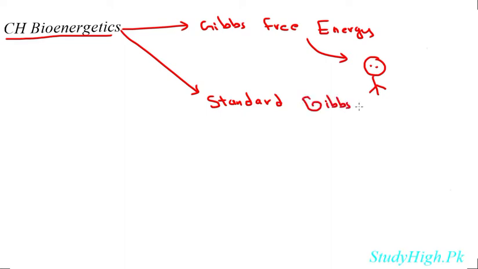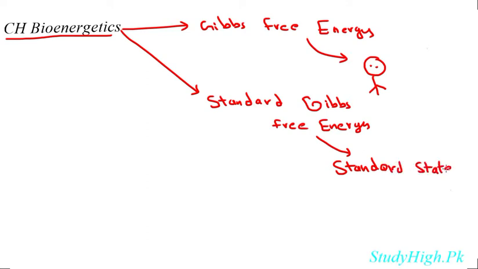Standard Gibbs free energy is measured at standard state, and we will also discuss the concept of standard state, and how the standard states of biochemical reactions differ from those of other physical reactions happening in your chemistry lab.